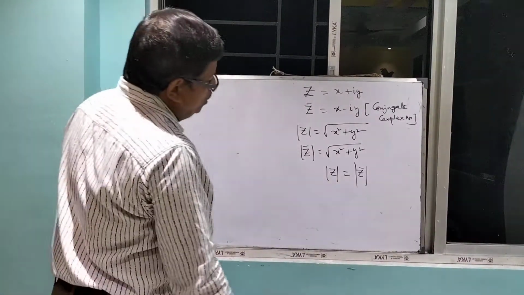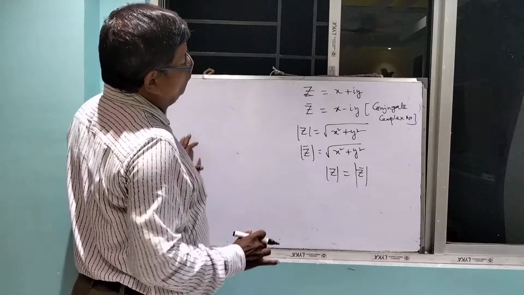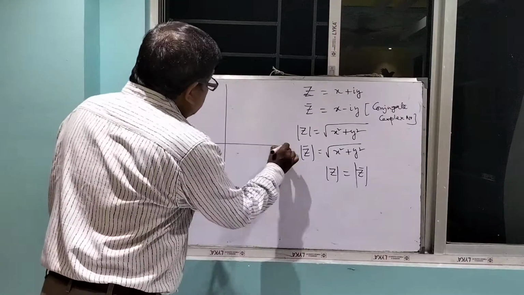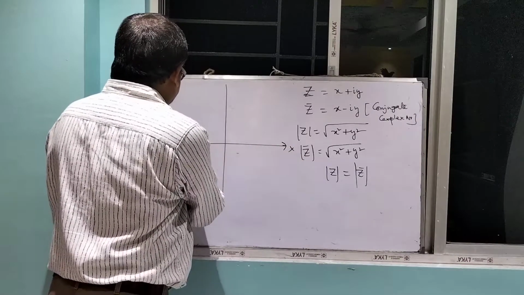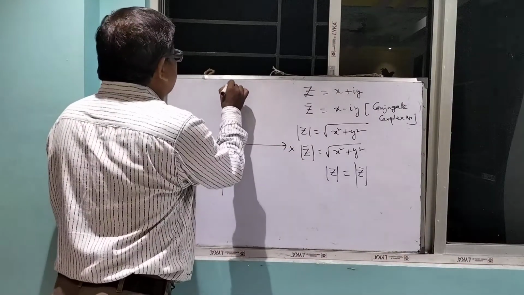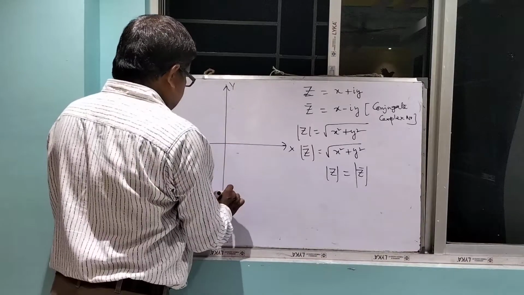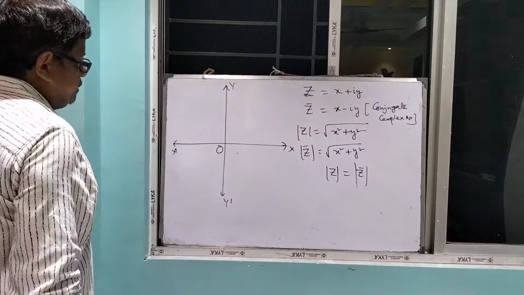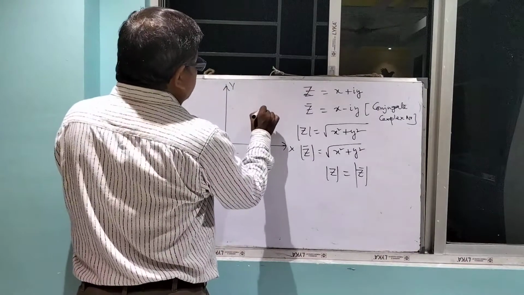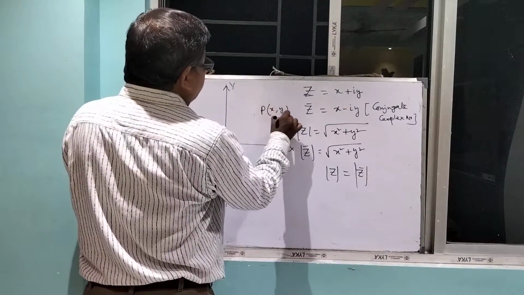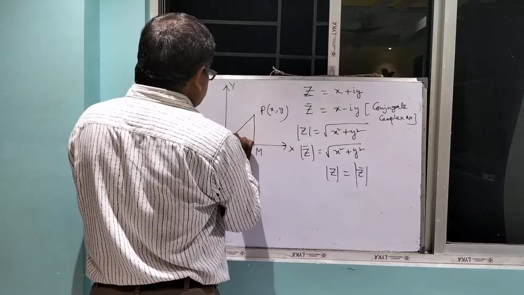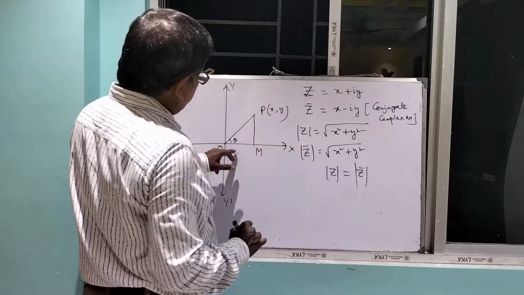Now again, suppose this is the X-axis, as already discussed: Y'OY, the real axis, and this is the imaginary axis. Take another point P (X, Y). Now join OP, and suppose this angle is theta.